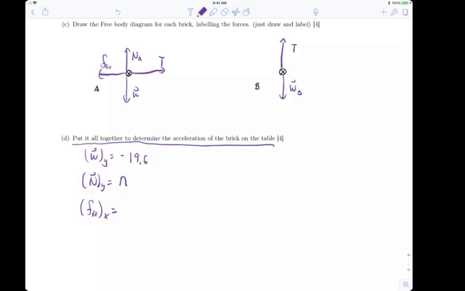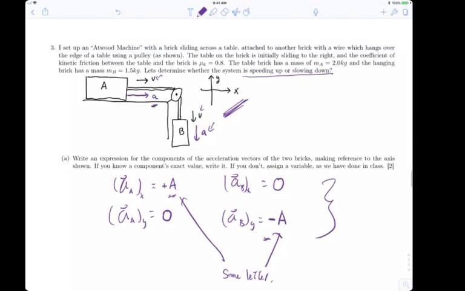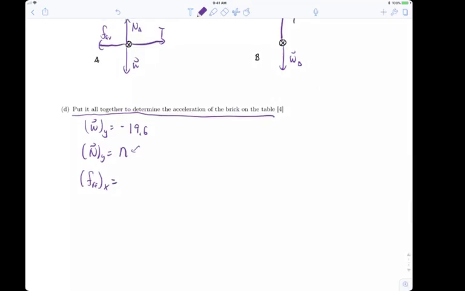I don't know how big it is, but I do know that it's related to that variable there. Let's see, so it's 0.8 times n. And the tension force, I don't know how big that is, but I do know that the tension's in the positive x direction.